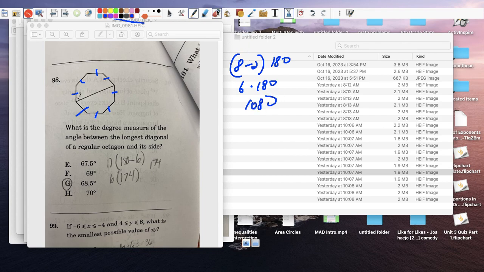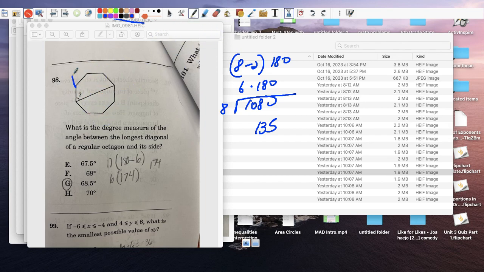Now, in the original octagon, there are 1, 2, 3, 4, 5, 6, 7, 8 angles. So if you divide that by 8, you get 135.